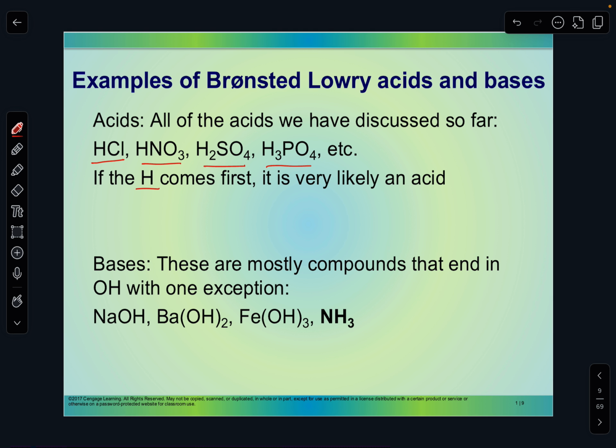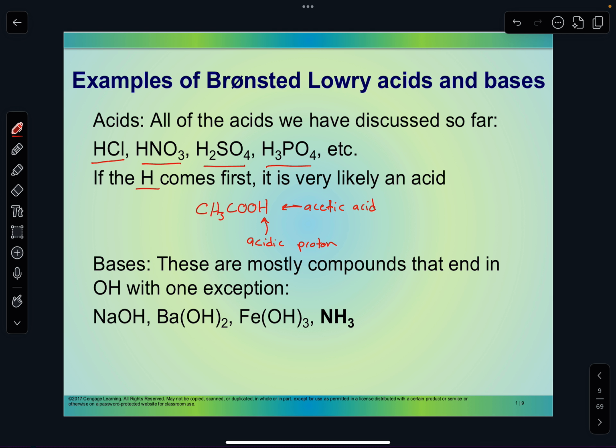The one exception to that is CH3COOH. This is acetic acid. The H comes last for this, but it is separate from the other H's because it is an acidic proton.